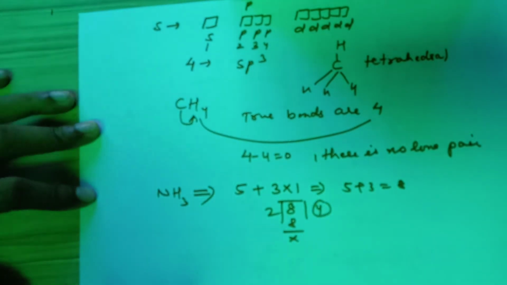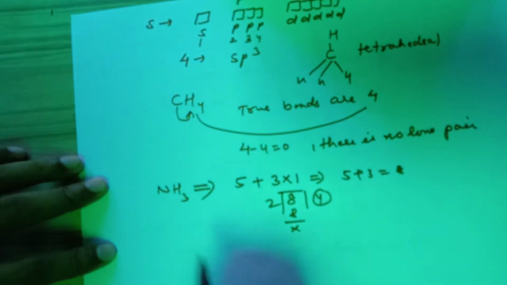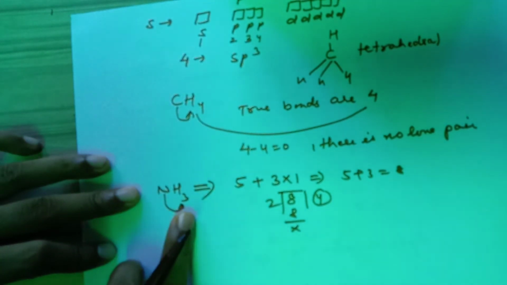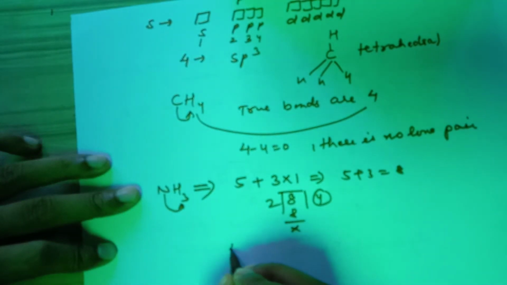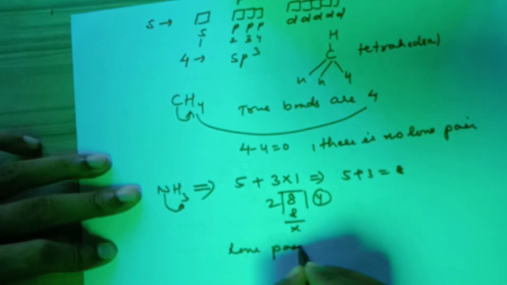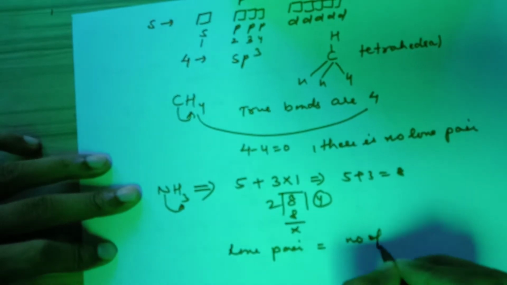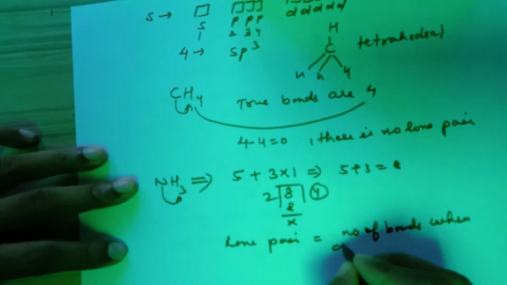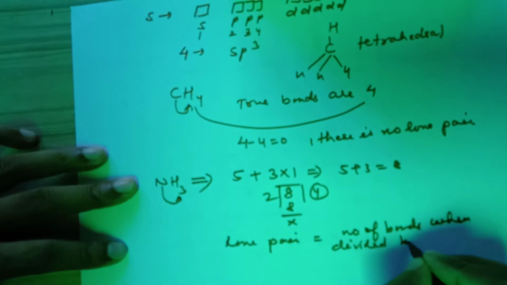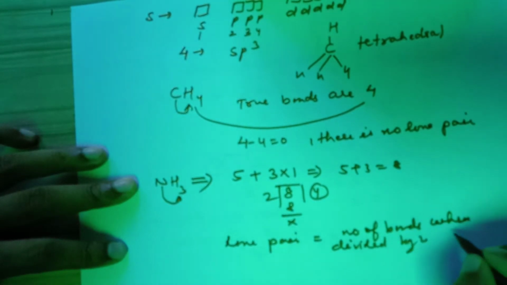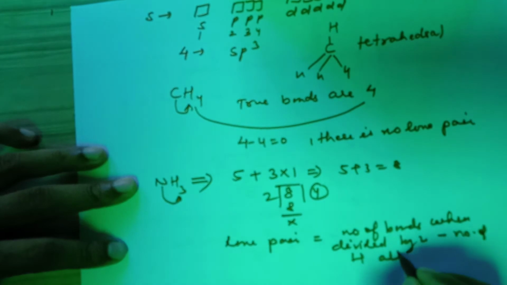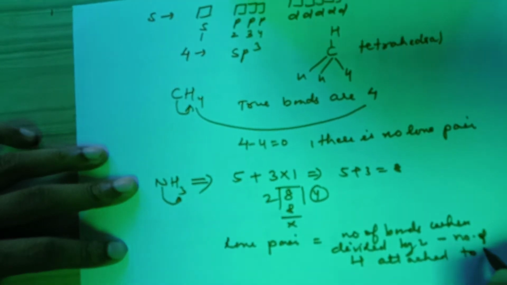Now there are 4 bonds and the number of atoms attached to nitrogen is 3. So the number of lone pairs will be the number of bonds, divided by 2, minus the number of hydrogens attached to nitrogen.